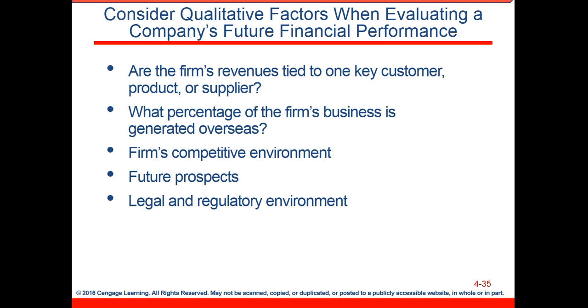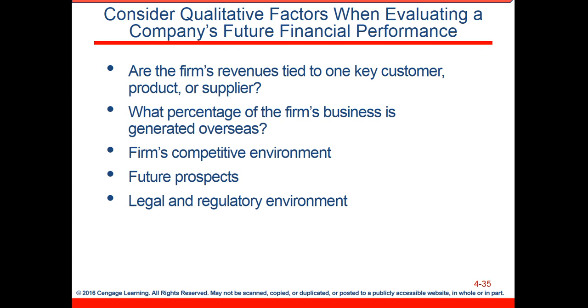We also need to consider qualitative factors when we evaluate companies' future financial performance, and that is: how are the firm's revenues tied to key customers, products, and suppliers? How is the firm positioned in a specific industry? What percentage of the firm's business is generated overseas?